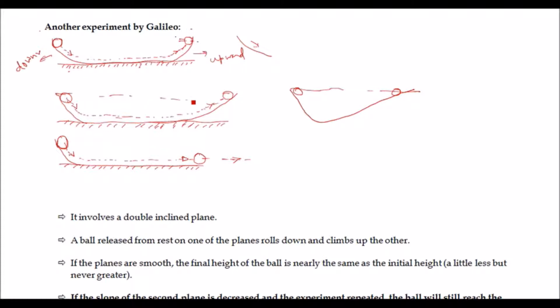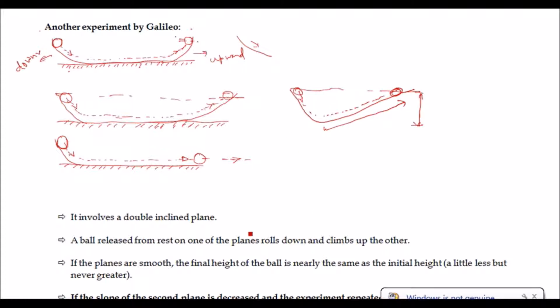If you see this figure also, the height raised by the ball remains the same as the height from which it was dropped. In the second figure, I may say that if I drop an object, Galileo observed that although it moves a greater distance, the height raised by the object is the same as the height from which it was dropped.